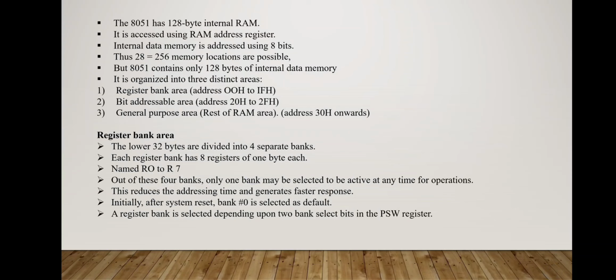It is organized into 3 distinct areas: register bank area, bit addressable area, and general purpose area. Register bank area has an address from 00H, this address is also very important. Since it is hexadecimal we are writing H. 00 to 1F. Then bit addressable area we have 20 to 2F, and general purpose area we have 30 to 7F.